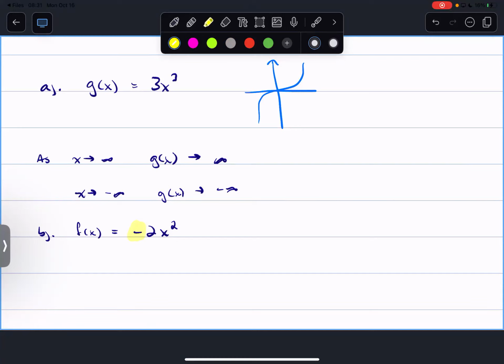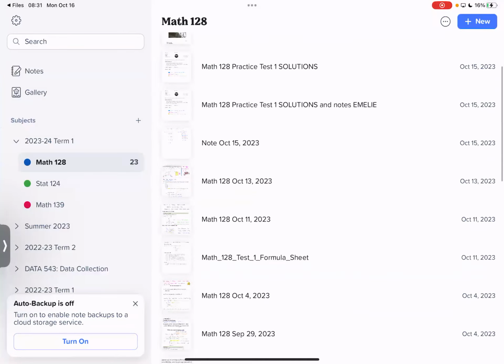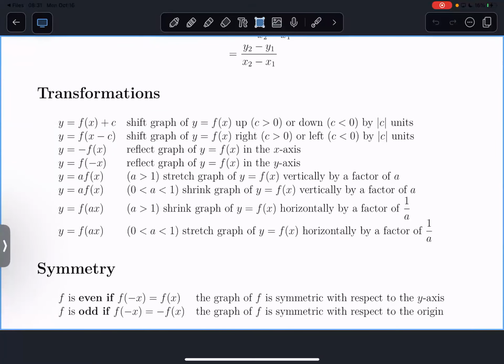You can do both. So from the formula sheet, we know we're multiplying the whole function, right? We're not multiplying just x. And so here, these are the only 2 negative transformations that we have.